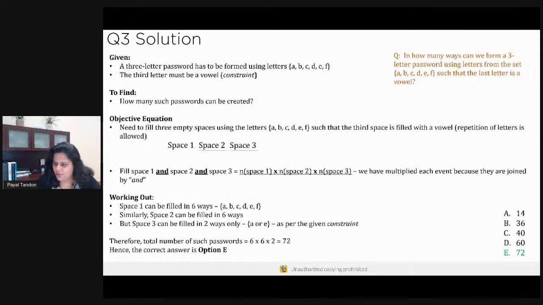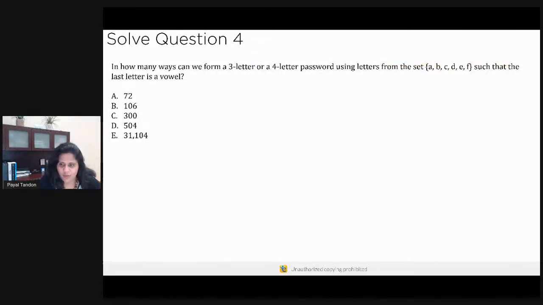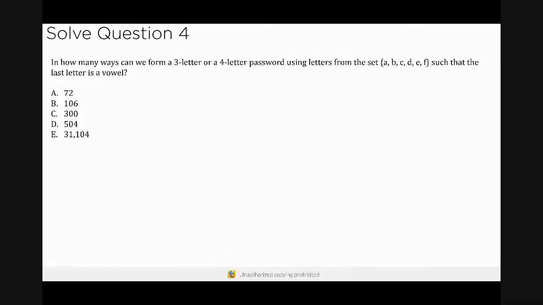Now, let's solve this one last question here in the first section, and then we'll move on to the next section. So go ahead.